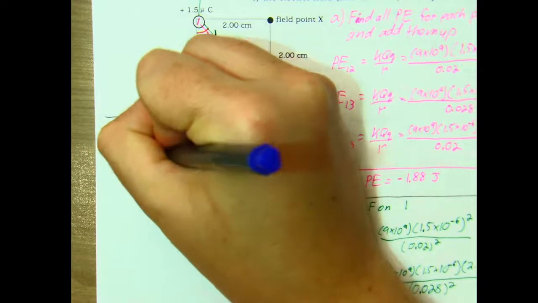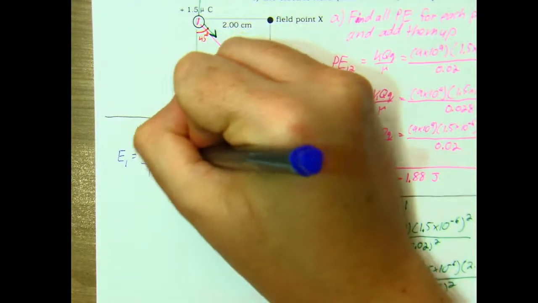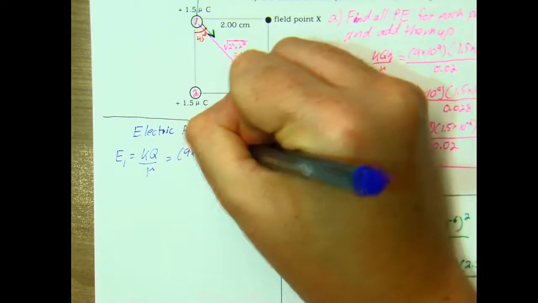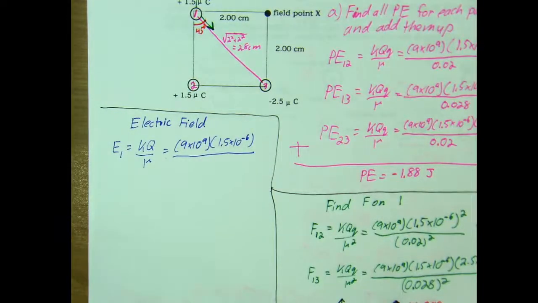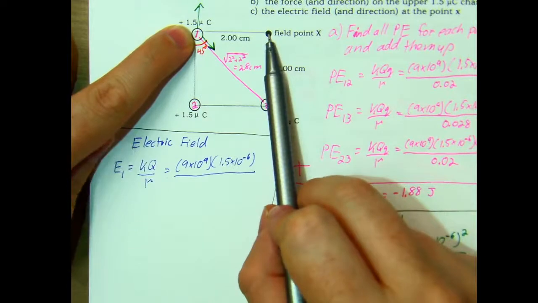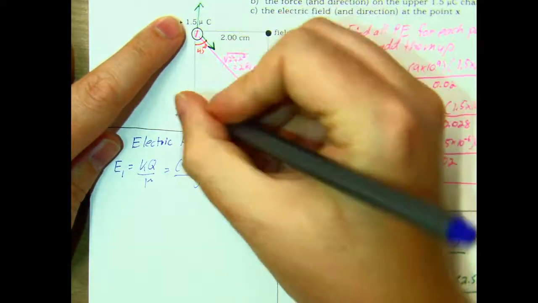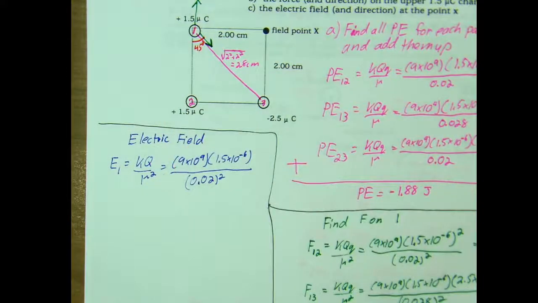is kq over r squared. So that's just going to be 9 times 10 to the 9, 1.5 times 10 to the negative 6 over, and then the distance from our first charge to the field point is 0.02 meters, and that's squared.